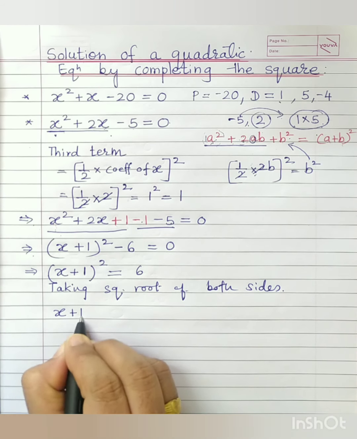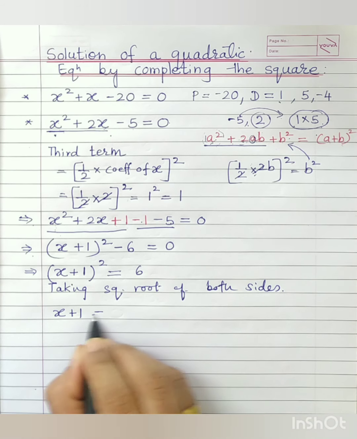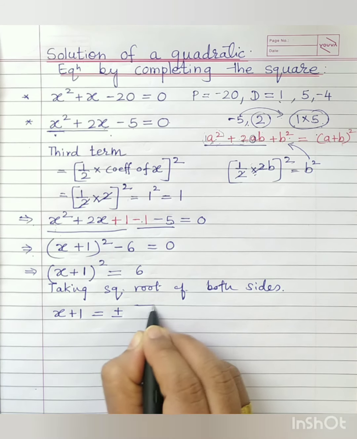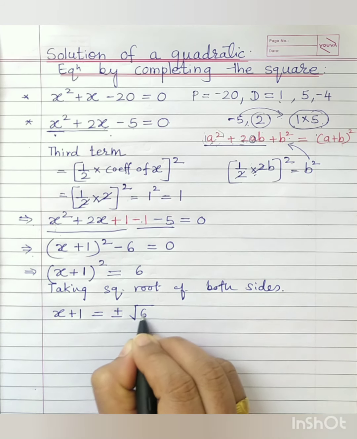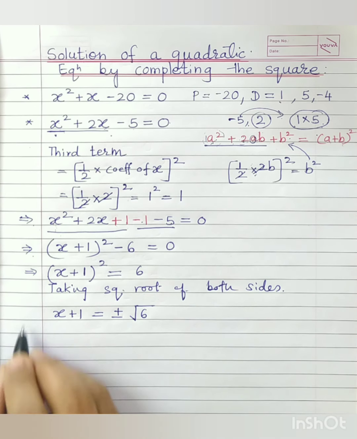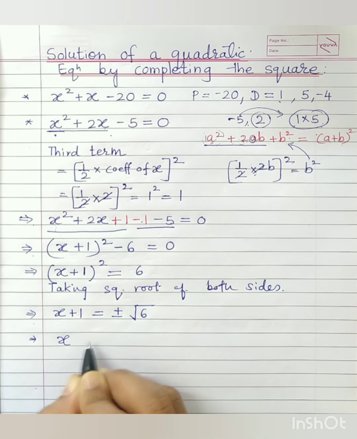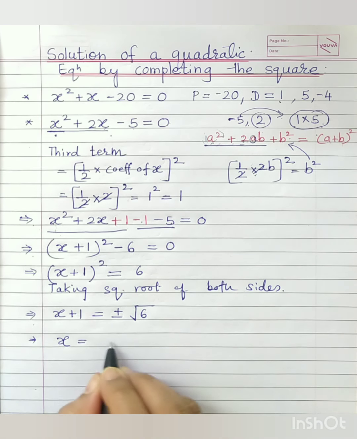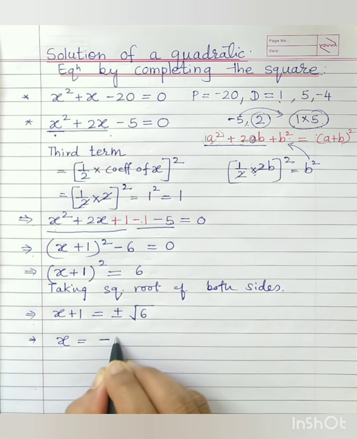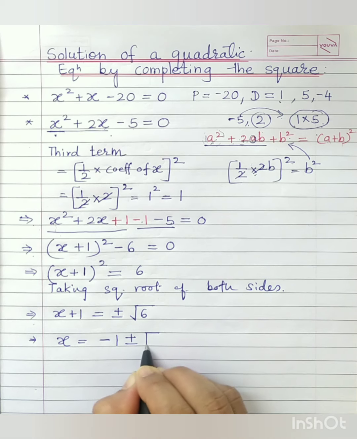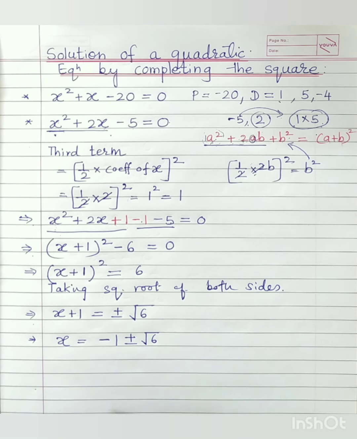X plus 1. Okay. And if I am taking the square root of 6, it will become plus minus under root 6. Clear? Now very simple, you must have understood. We have found the value of x. Keep x as it is, plus 1 you shift to that side. What will it become? Minus 1 plus minus under root 6.